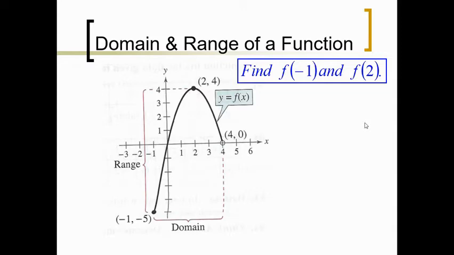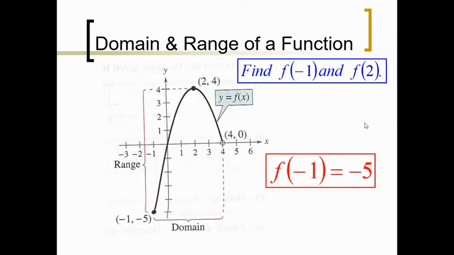Sometimes what they want you to do with a graph is they will give you some x values. So the f of -1 really means what is the value at -1. So if you go to -1 on the graph and you go down, we would go down till the point -1, -5. So the value is -5.